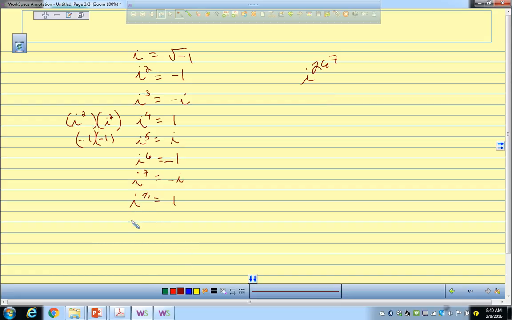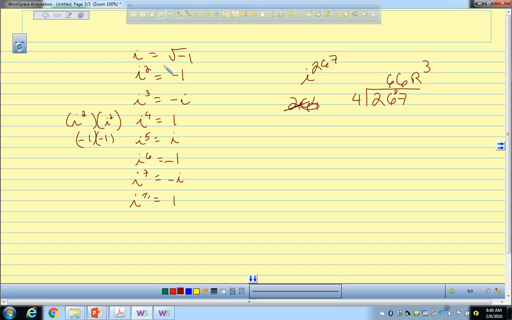How? Yeah, divide by 4 and see what your remainder is, right? It repeats itself, so I take 267 divided by 4. 4 goes in there 6 times, 2 left over. 4 goes in there 6 times again, remainder 3.